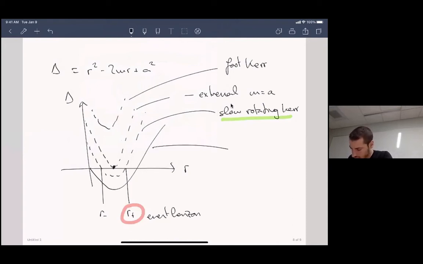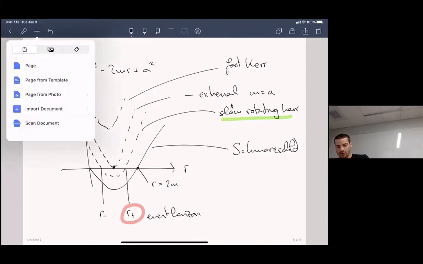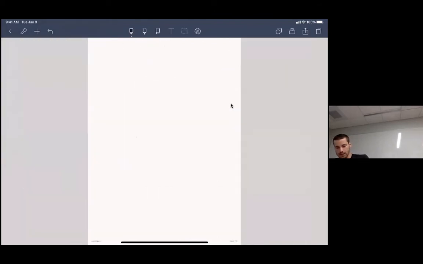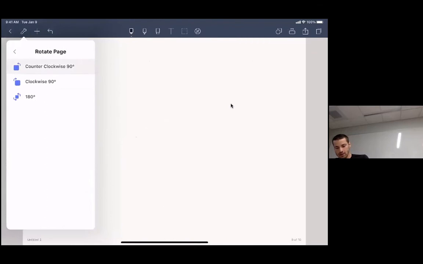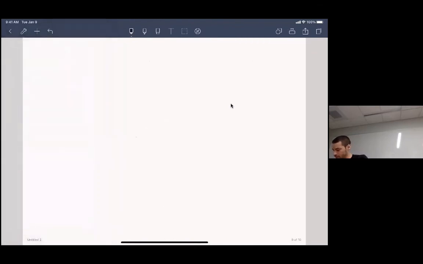And then this is Schwarzschild, which just has r equals 2M. So this function delta tells you what kind of black hole you are. You look at delta and you look how it varies in terms of r.